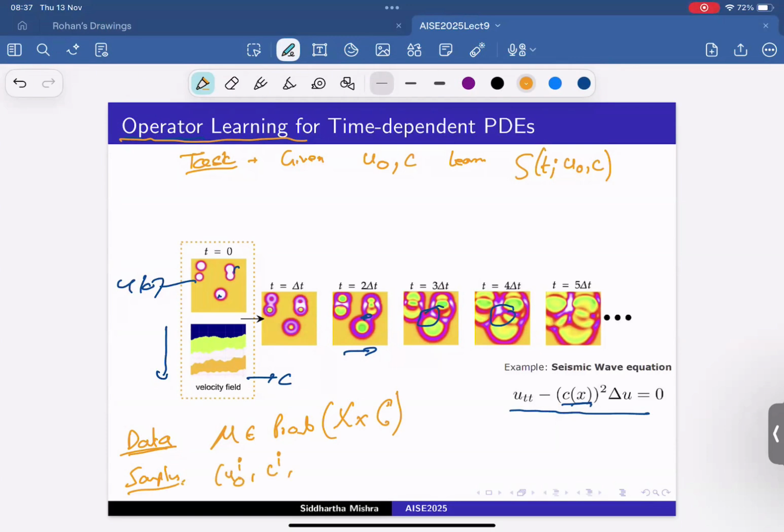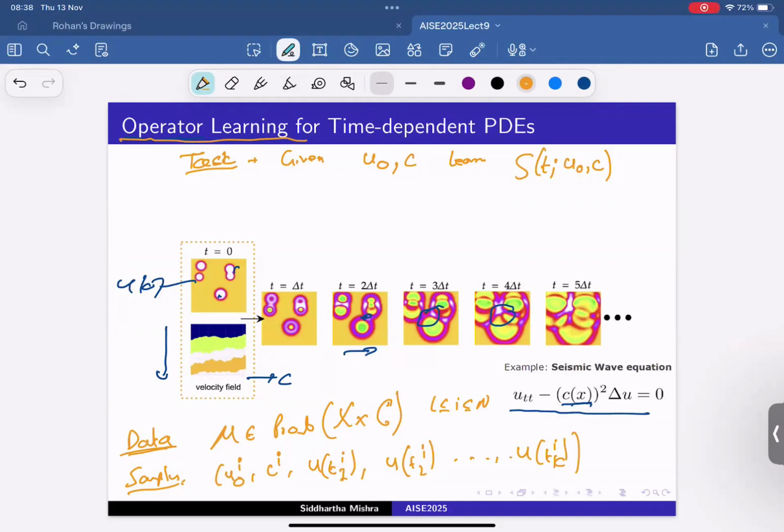So this is U at T1 i, U at T2 i, and so on till U at Tk i. This is going to be my data set, where i is the variable, 1 less than i less than n, and k is the number of points that I can observe per sample.